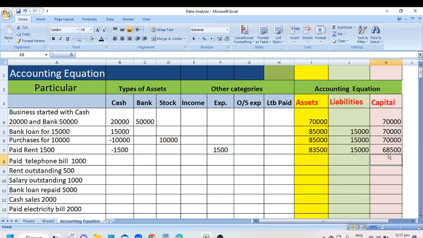So that means 68,500 plus 15,000 becomes 83,500, right? You can calculate yourself if you want. Or I can calculate for you.